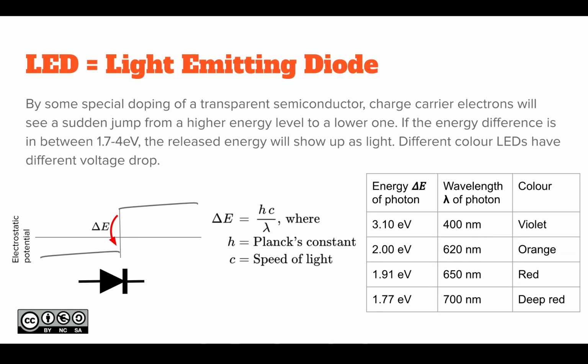Blue would be somewhere around 450, 500 nanometers. That's where you have about 2.7 electron volt drop, which is roughly about the same as what high power white LEDs have.